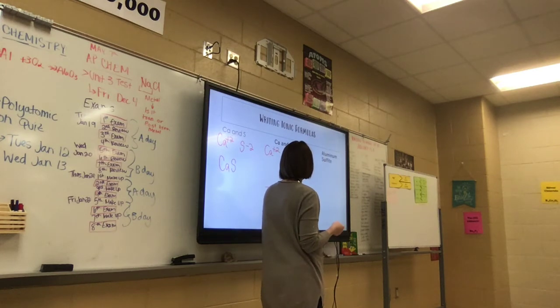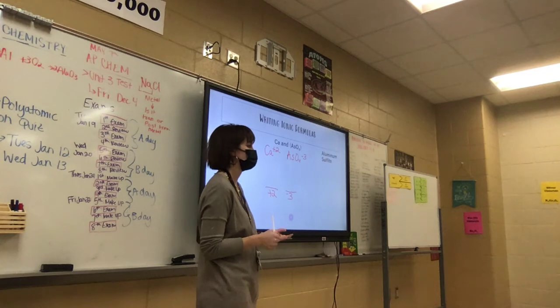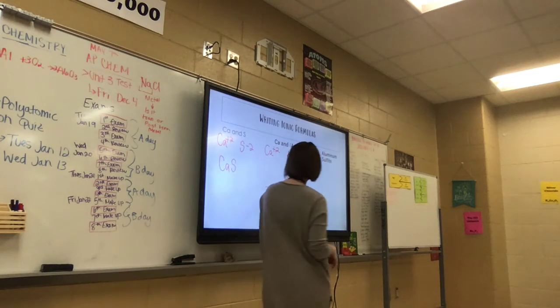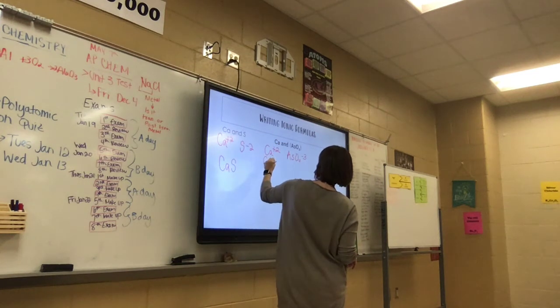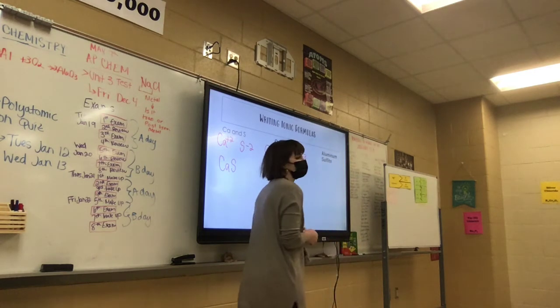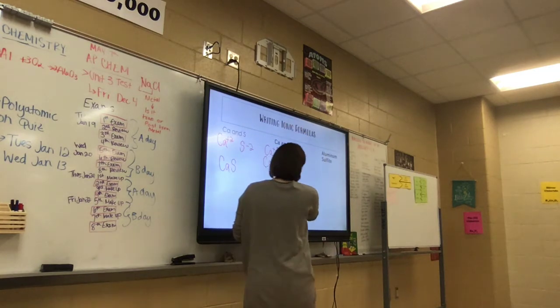So what do I need to do to balance this out? Hint, if you don't know where to start, just always start with the lower number. So my lower number here is a +2, so I'm going to add a calcium. But again, I have to add a calcium +2. That changes it to +4, right? So now I'm going to go to the negative side, right?